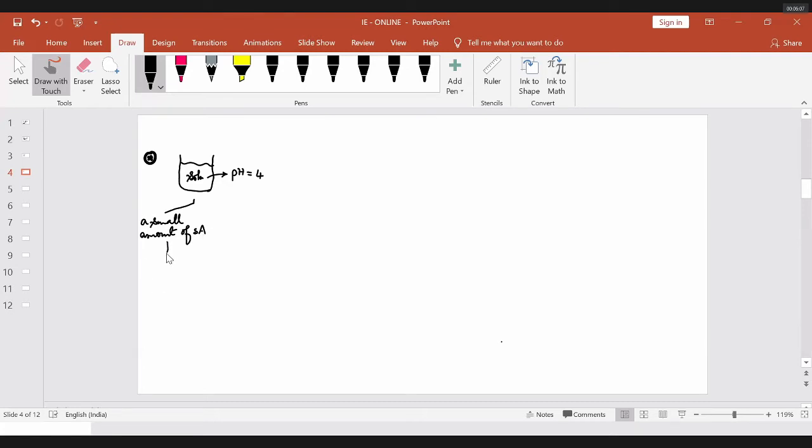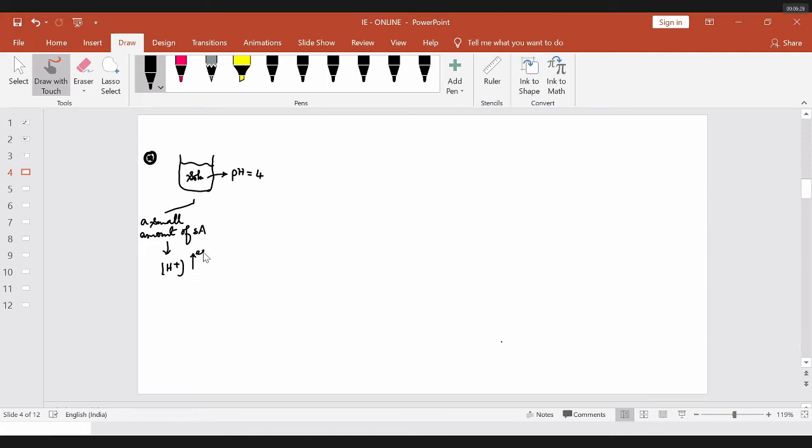Addition of a small amount of strong acid will release H plus ion. Since it is an acidic solution, we already have a very high H plus ion concentration. Again, you are adding strong acid. The strong acid releases H plus ion. Therefore, the concentration of free H plus ion increases.